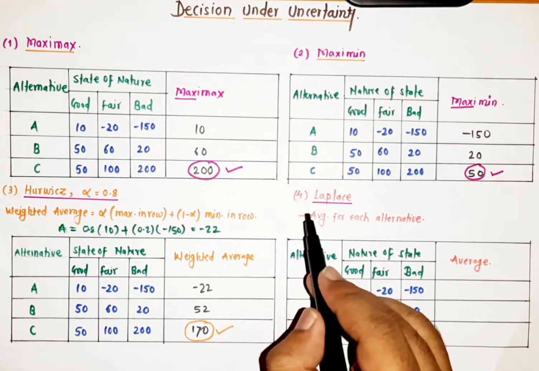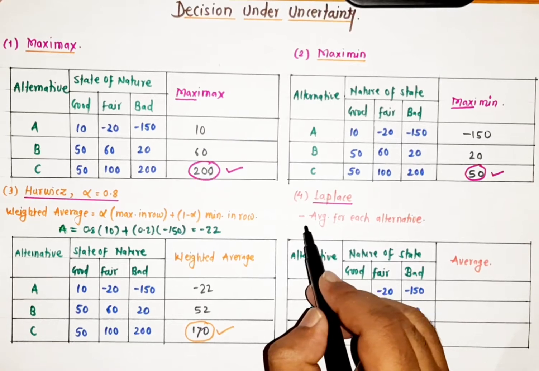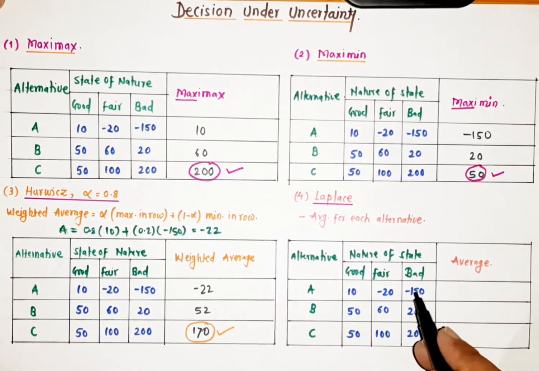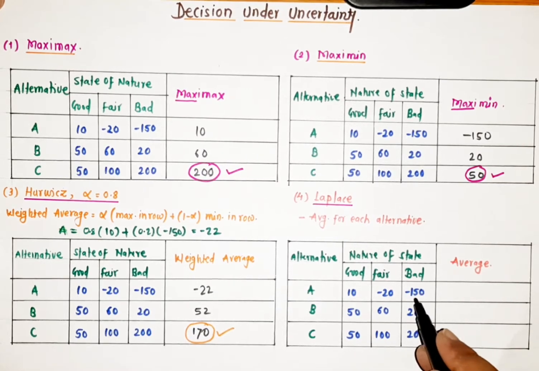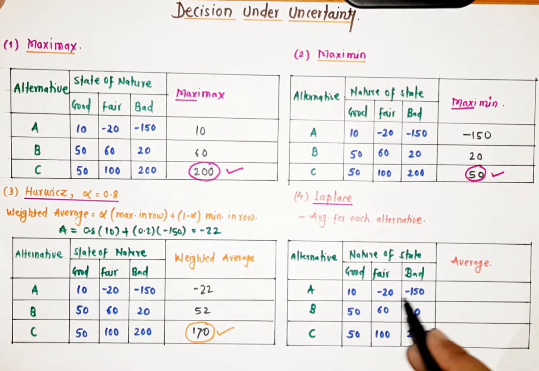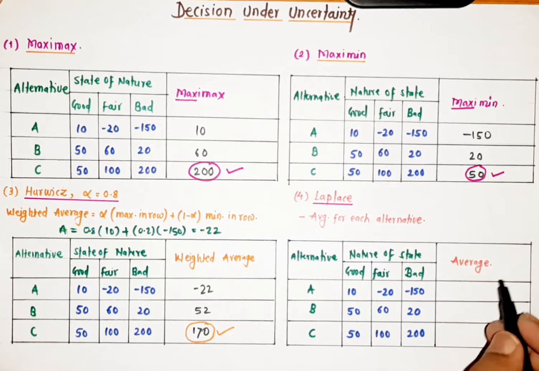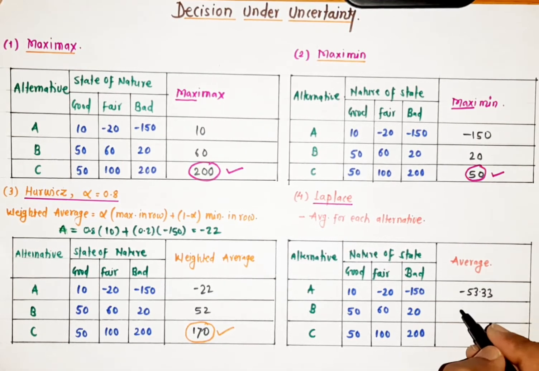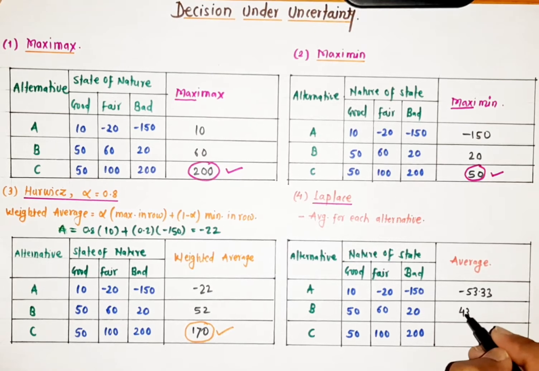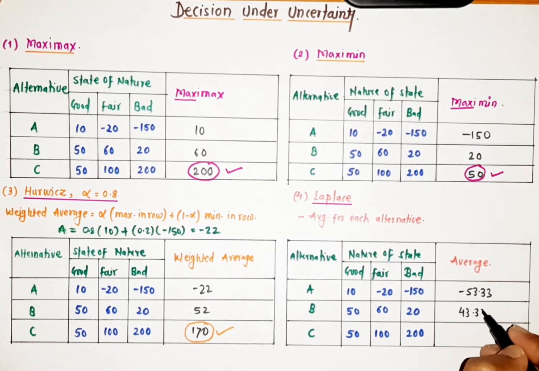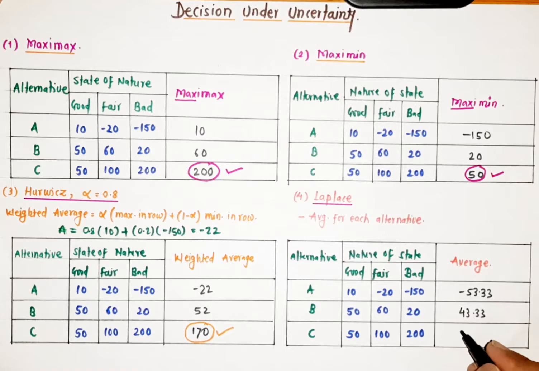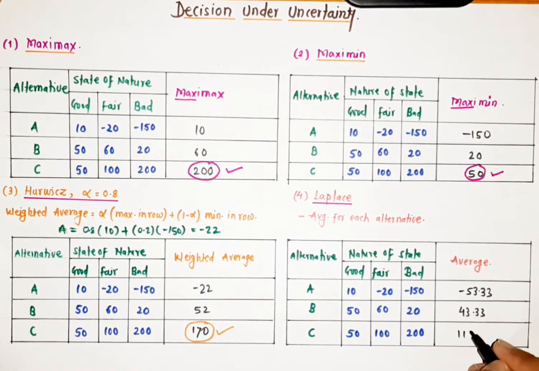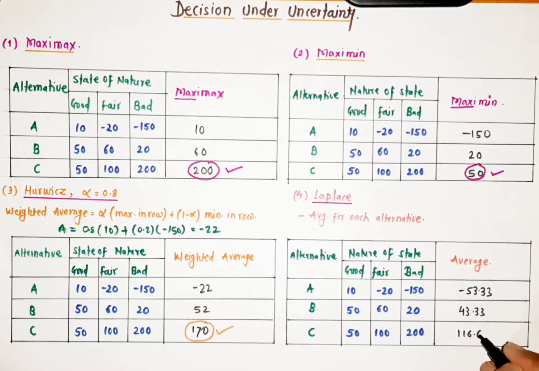Fourth type is Laplace. In this Laplace, we have to take an average of each alternative. That is the average of the A alternative: 10 minus 20 minus 150 divided by 3. Addition of these three divided by 3 gives minus 53.33. Then next is 43.33, and the last is 116.66.